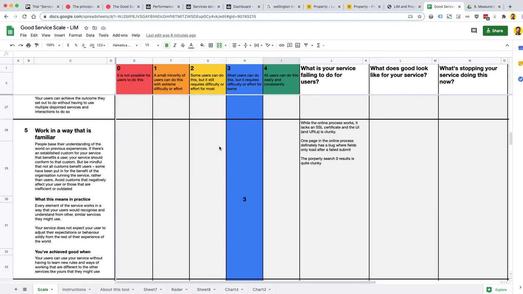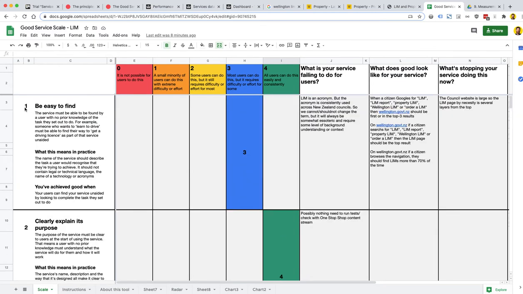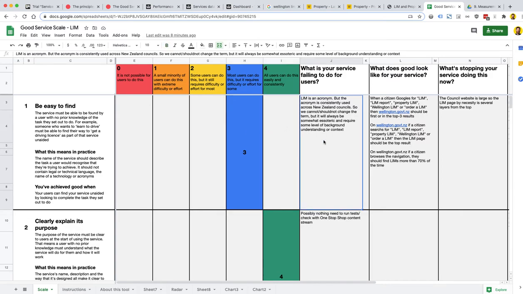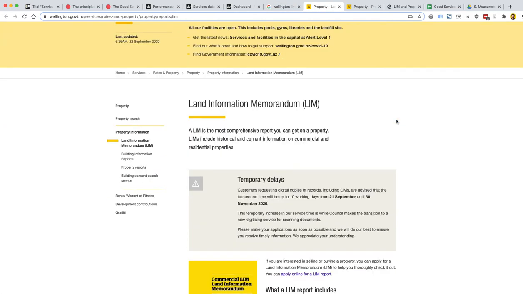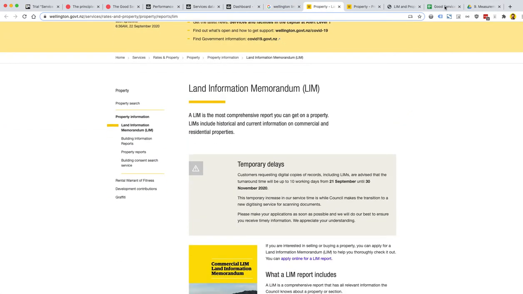So I went through that process and applied these principles, starting with be easy to find. I'm not going to go through all of them, but I've given that a 3, and it scores well because, as you can see here, it pops up clearly when you Google, and you don't need to know what you're looking for. I feel that this is all intuitive and clear, and it flows.